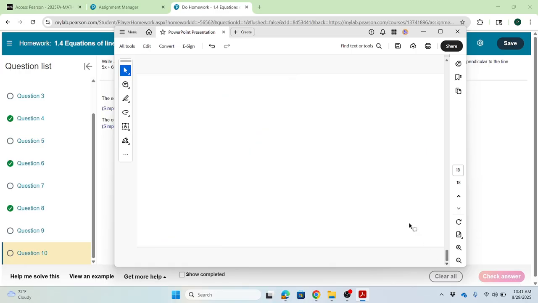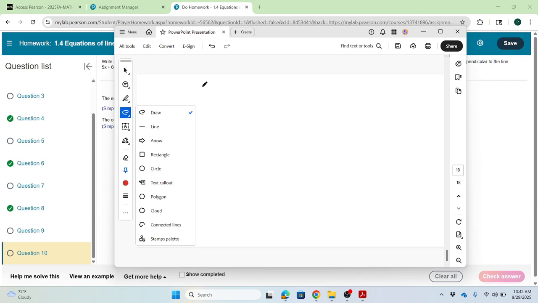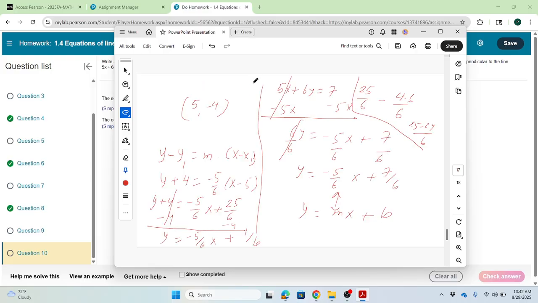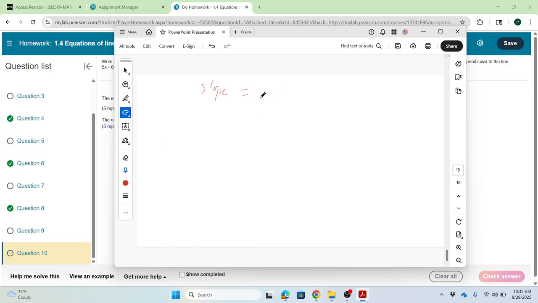So the slope of the line perpendicular to that line, you just have to flip that and make it positive 6/5. The reason for that is the product of the slopes is supposed to be negative 1. So if one slope is negative 5/6, then the other slope has to be the reciprocal, which is just flipping that slope and making it positive.